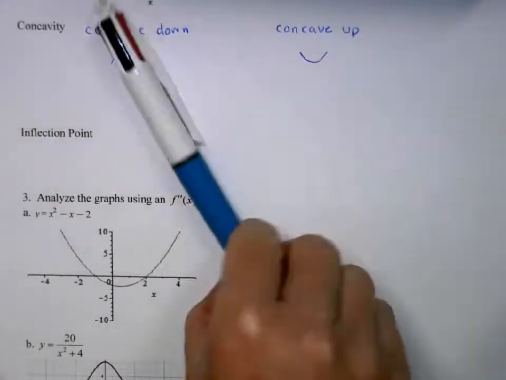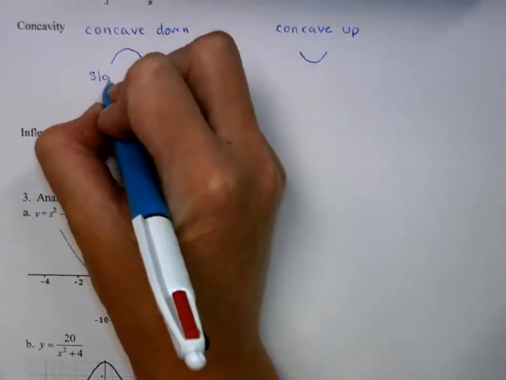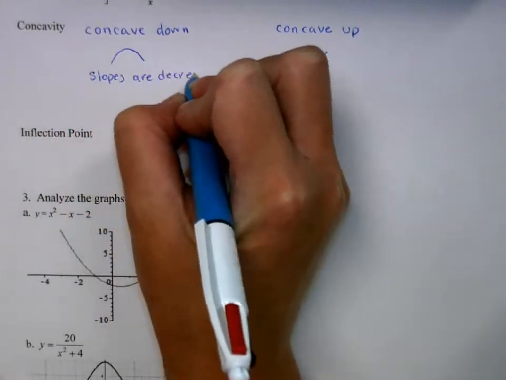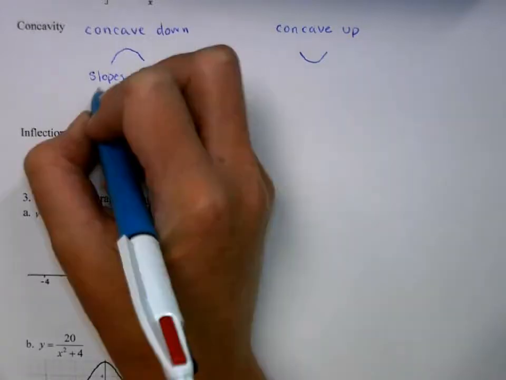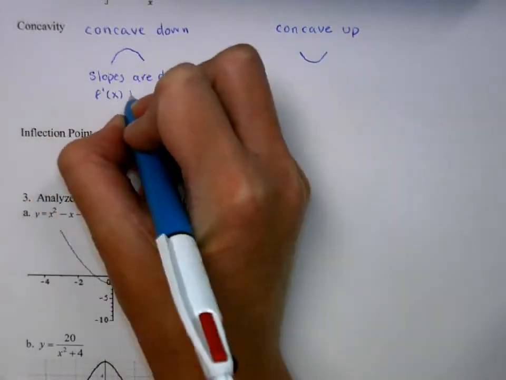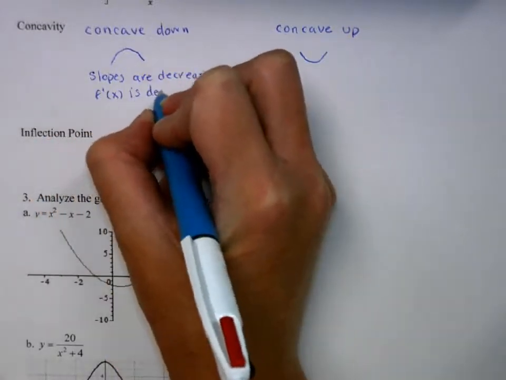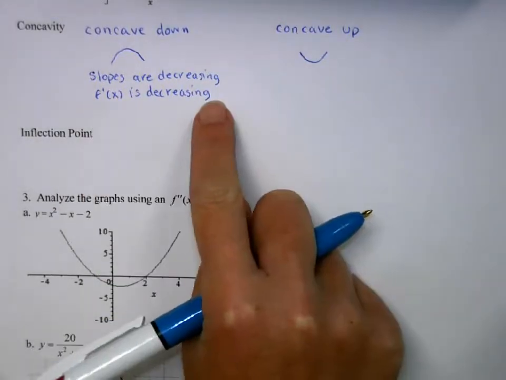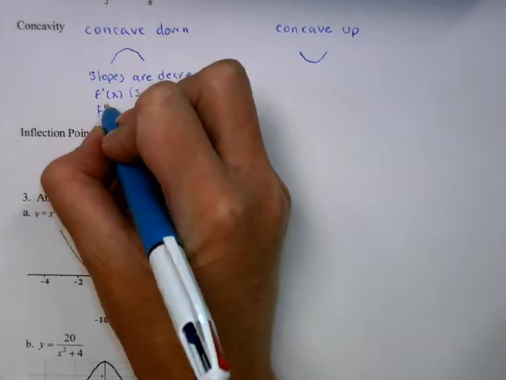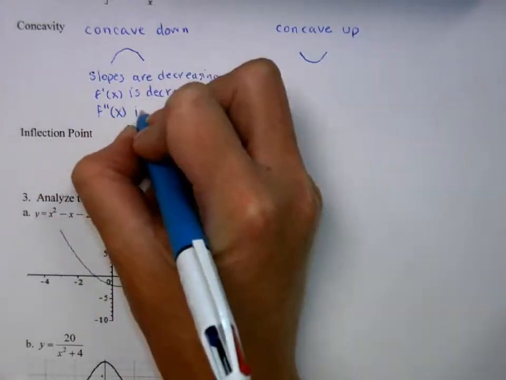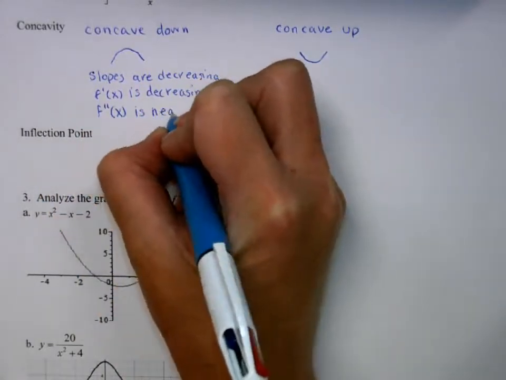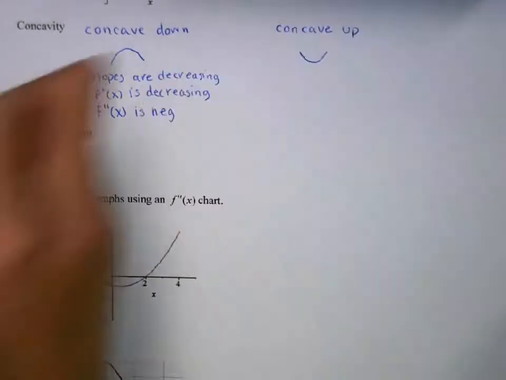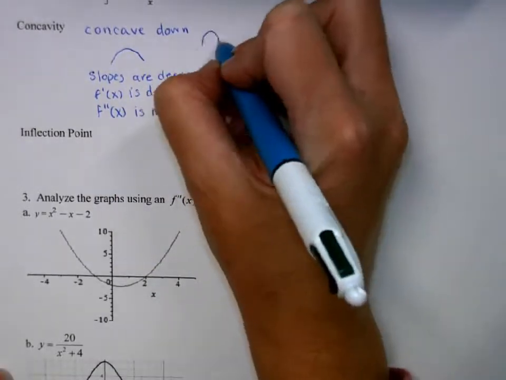So the slopes are decreasing, which means f prime of x is decreasing. So if we take the derivative of something that's decreasing, that derivative will be negative. So the second derivative is negative. So if the second derivative is negative, the graph is concave down at that point.